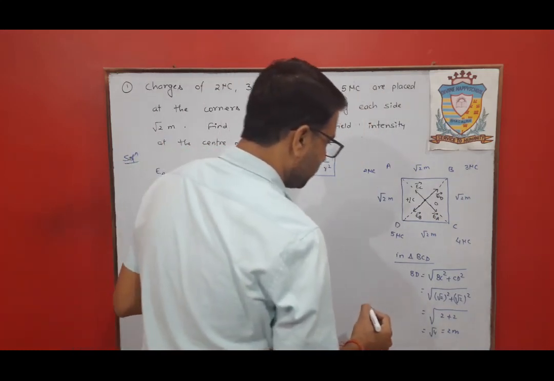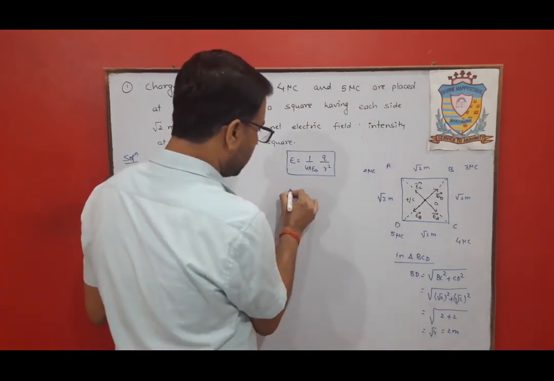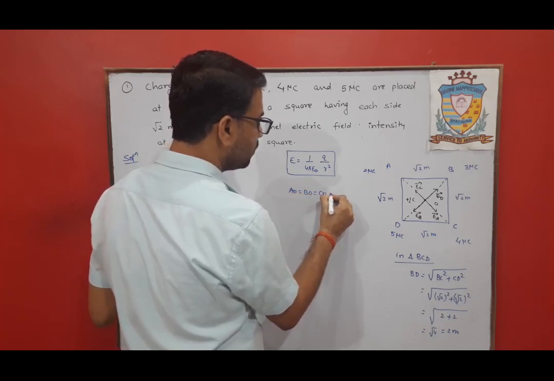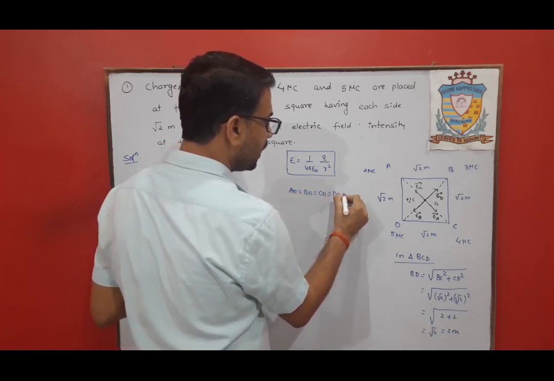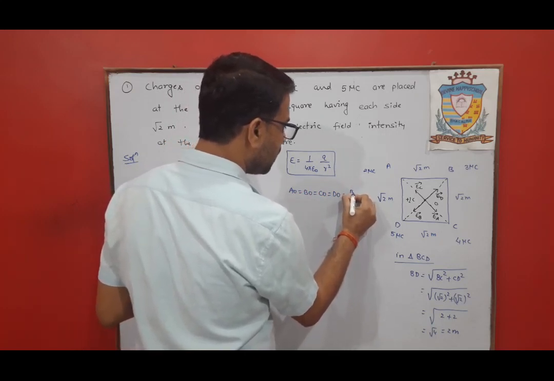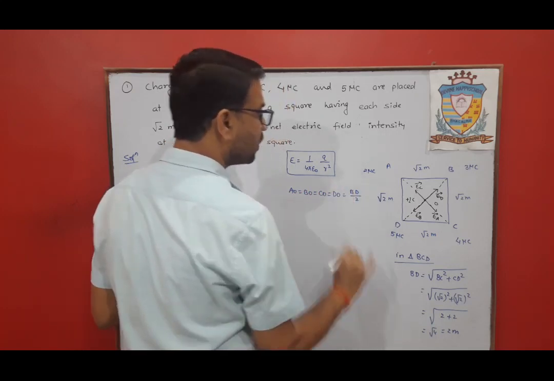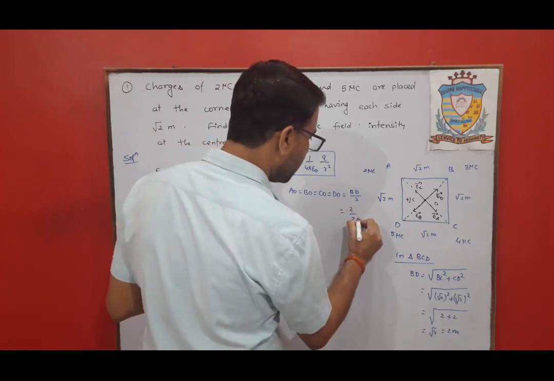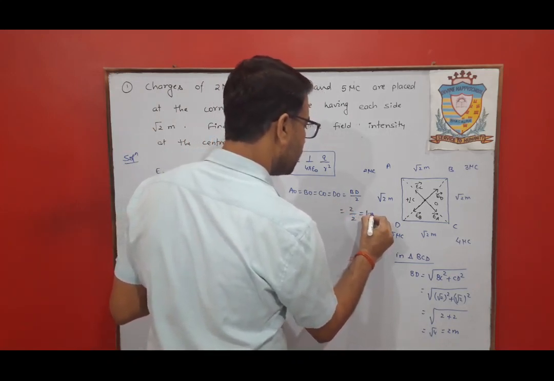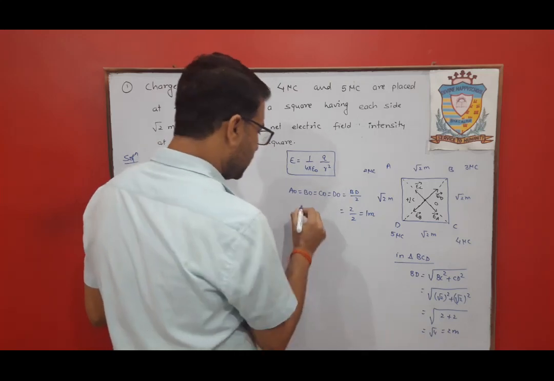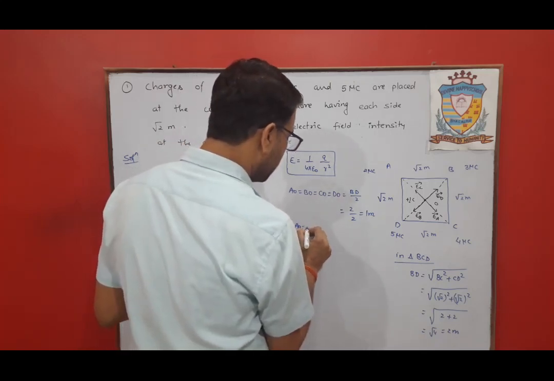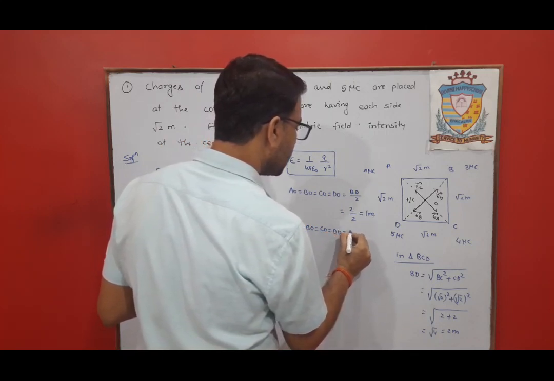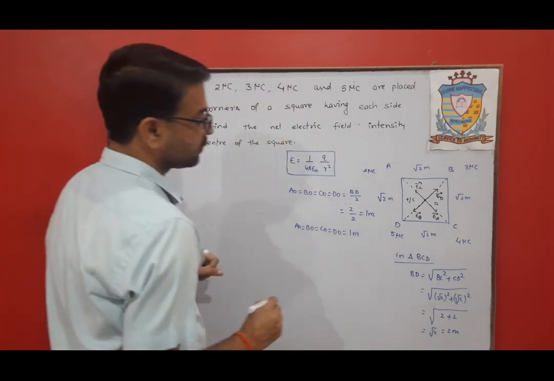That means AO is equal to BO is equal to CO is equal to DO is equal to BD by 2, which is 2 by 2, which is equal to 1 meter. Clear?